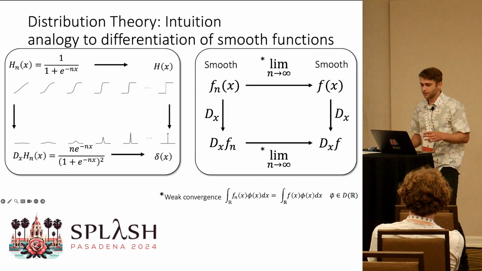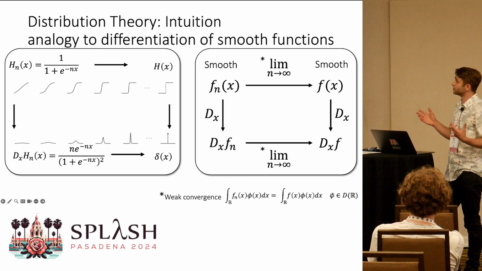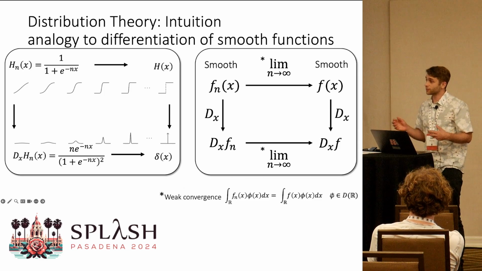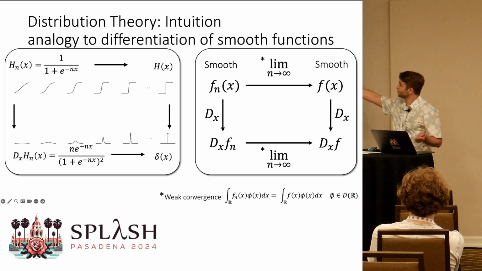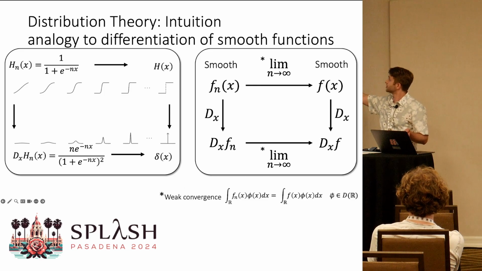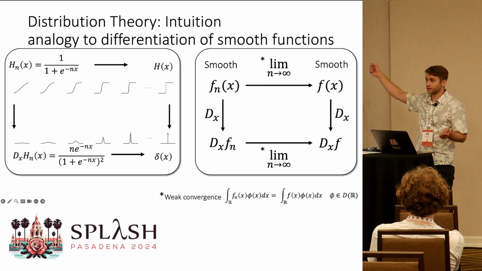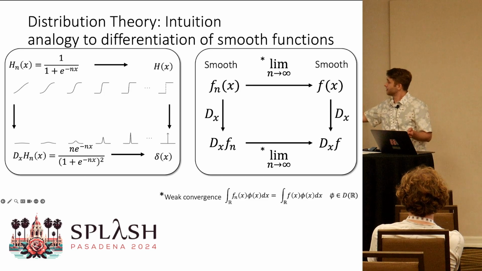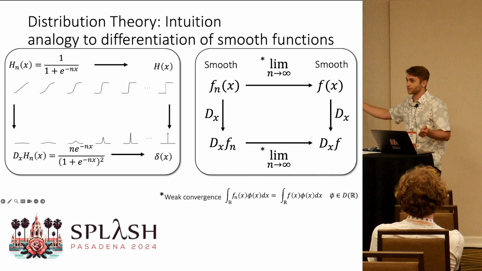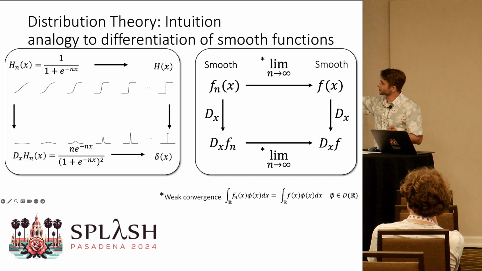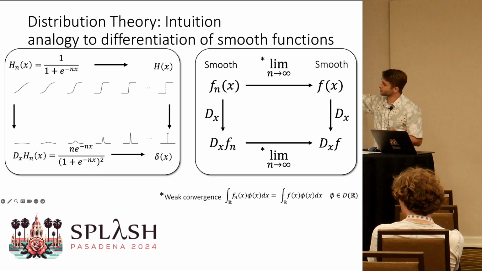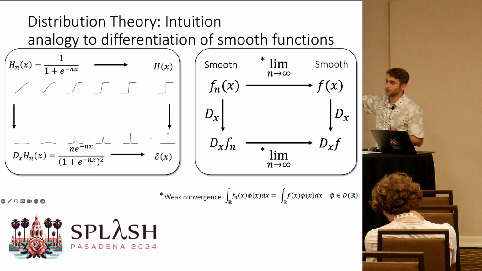So sort of the inspiration for this diagram came from a property of smooth functions. And the idea is that if you have a sequence of smooth functions that approaches another smooth function, then the sequence of derivatives approaches the derivative of that function. And so here, we did sort of the same thing, except we approached a function that wasn't smooth.